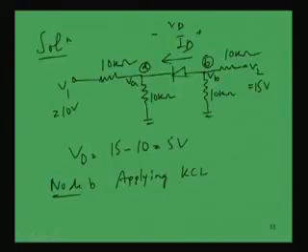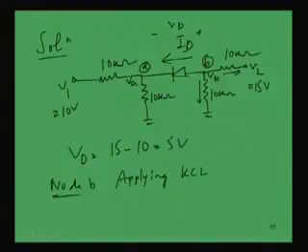The outgoing current in this direction is VB minus V2 by 10K, plus VB minus 0, this is ground, divided by 10K. Another outgoing current is ID.